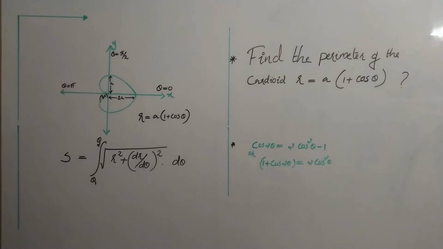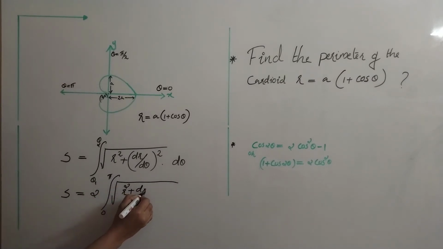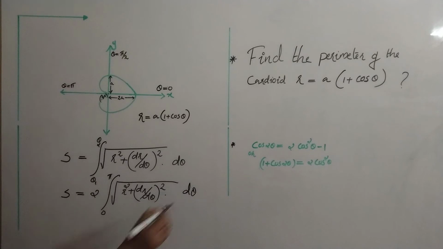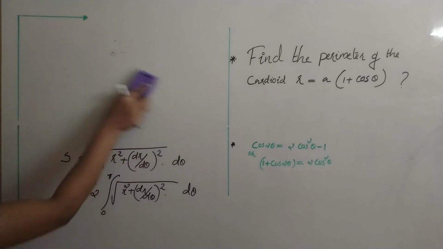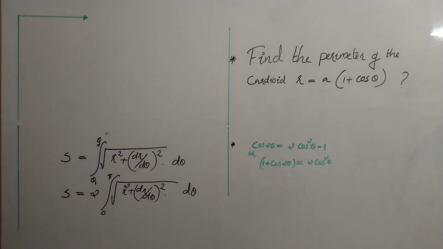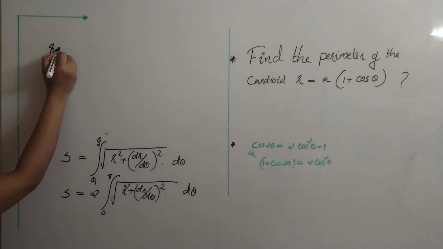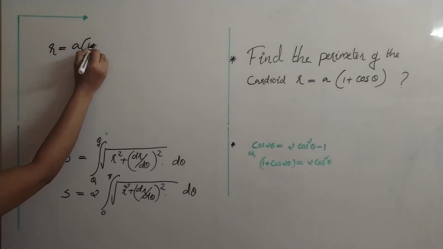Hence, the required perimeter is given by S = 2 ∫ from 0 to π of √(r² + (dr/dθ)²) dθ. Now r = a(1 + cos θ).